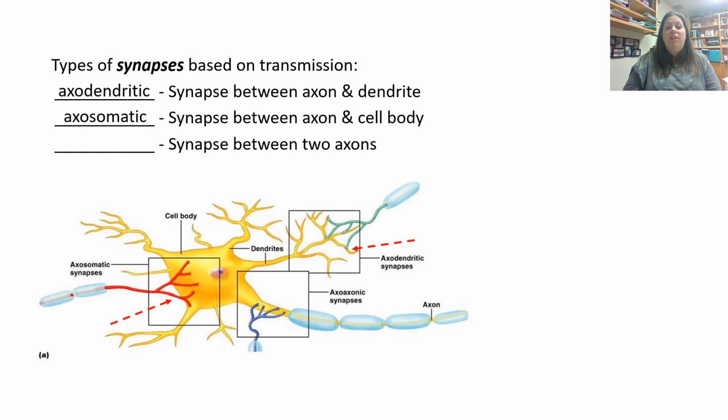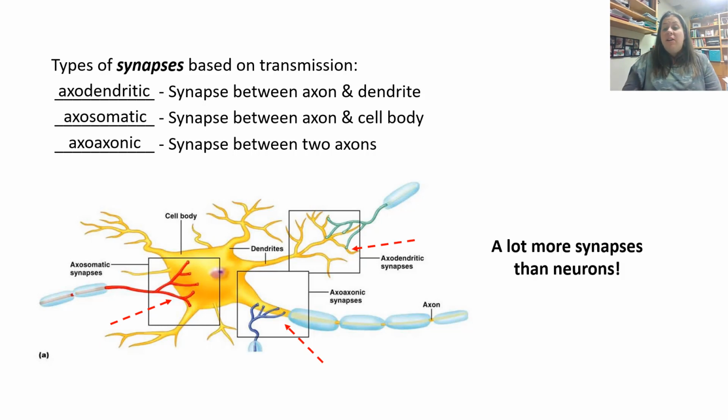This is where the red axon is talking to the yellow neuron's body. We then see there's the axoaxonic, which is a synapse between two axons. This is where you see the blue axon talking to the yellow axon. All right, so it's based on what two parts of the cell are communicating. If you'll notice, the axon's always first, because that's what we're talking about from the presynaptic, but the postsynaptic could either be on the dendrites, the cell body, or its axon.